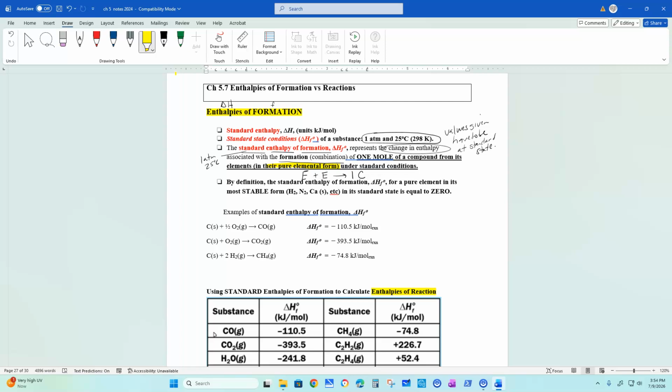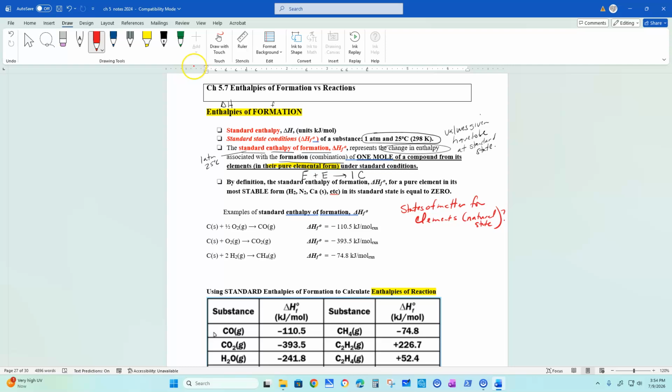So now we got to go back to basic chemistry. We got to know what the states of matter are for elements in their natural state.